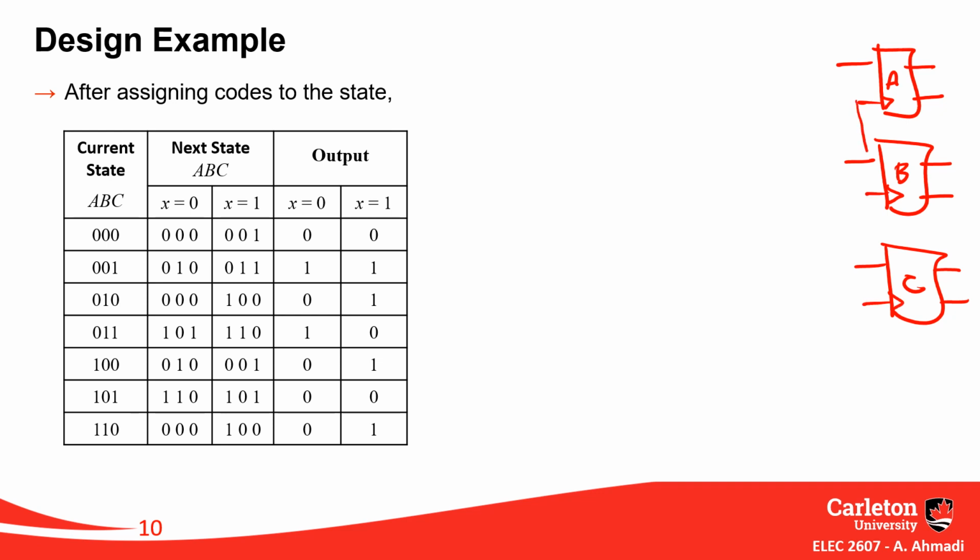These clocks are connected, so system clock. I have Q for A, I have Q for B, and Q for C, or just basically A, B, and C.